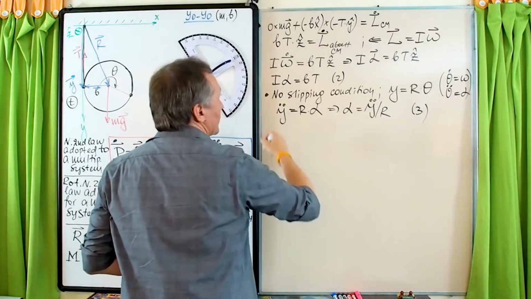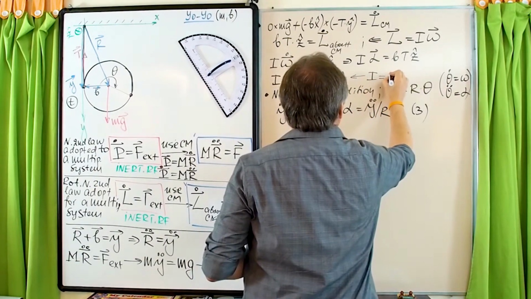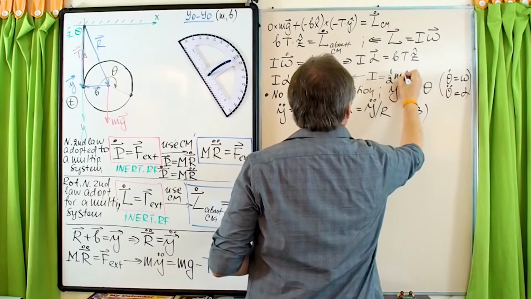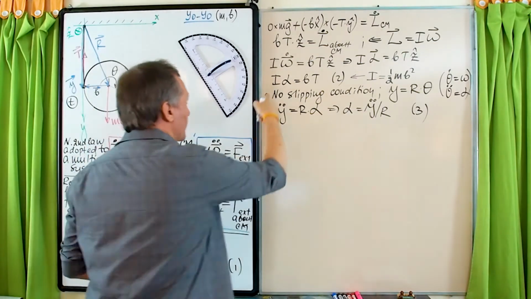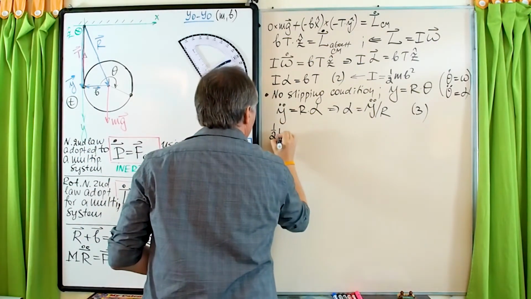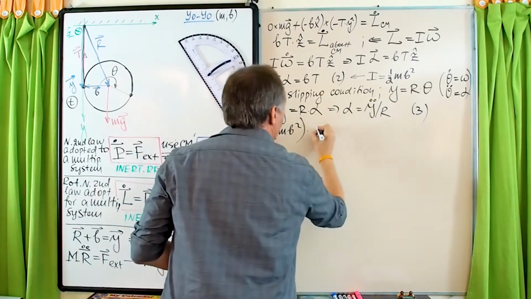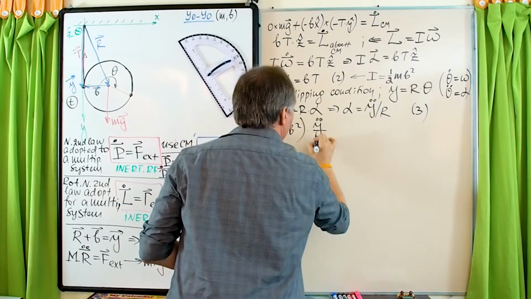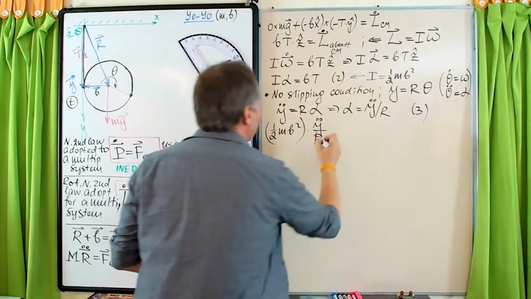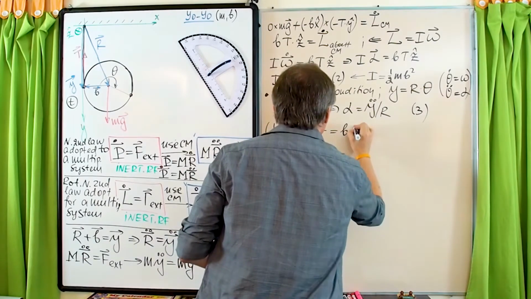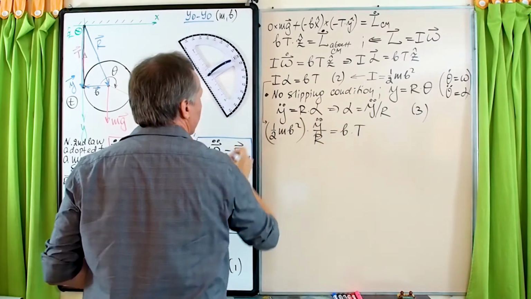And let me also insert that the moment of inertia is 1/2 m b squared. Now I can write 1/2 m b squared, the moment of inertia, times alpha, y double dot divided by r, equals b times t. So basically I rewrote that equation over here.